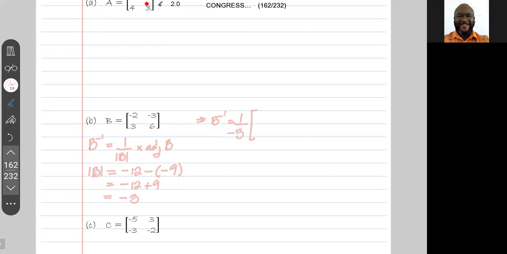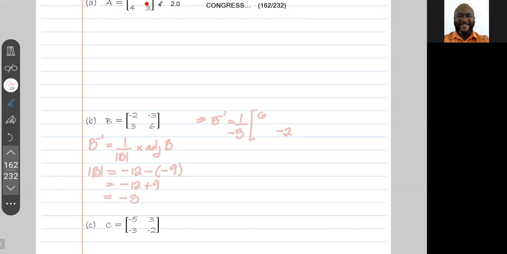Now guys, this is what I said about adjoint. To get the adjoint matrix, you must switch around the two leading diagonal elements. So we need to switch around the minus 2 and the 6. So the 6 goes here, minus 2 goes here. The other two elements stay where they are, but their signs change.